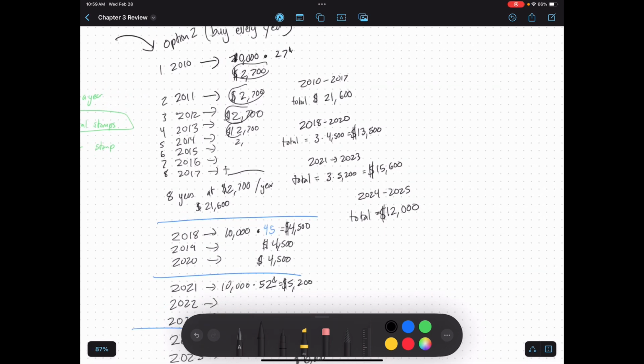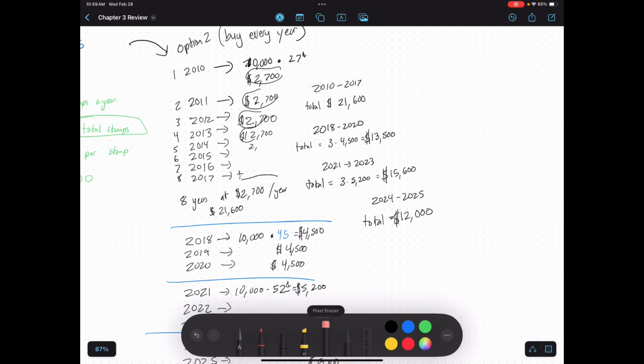Okay, so those are my totals for each of my kind of years, breaking it up for when the price jumps up, right? That's why we had to break it up into these different pieces, because the price was changing at certain times. So how do I get my total that they spend on stamps this way? I'm just going to add all these totals up.